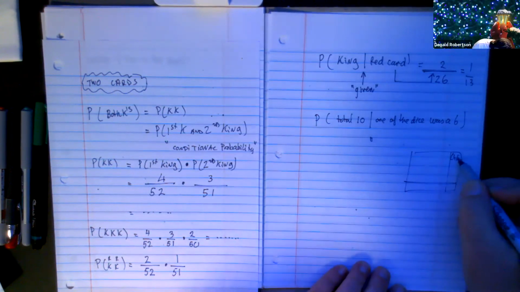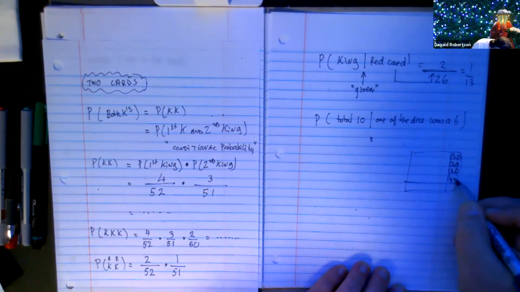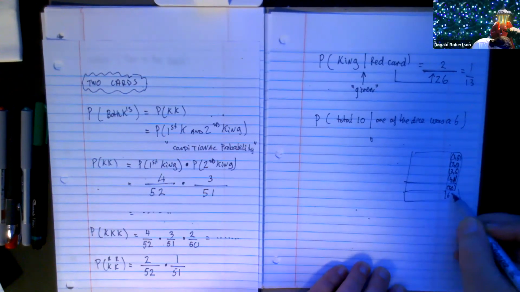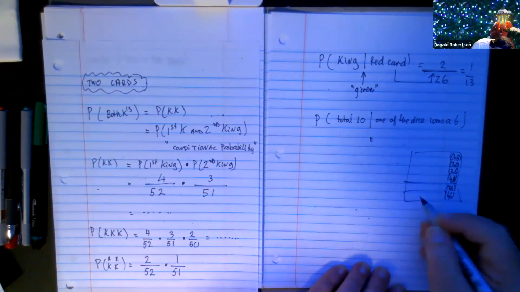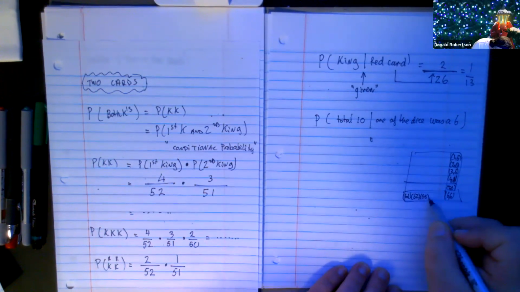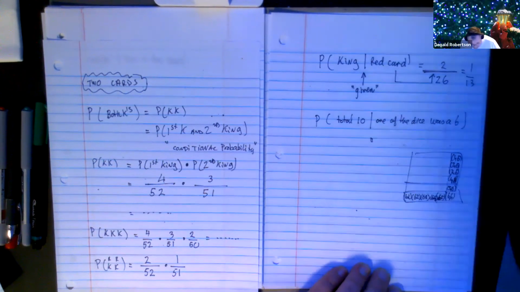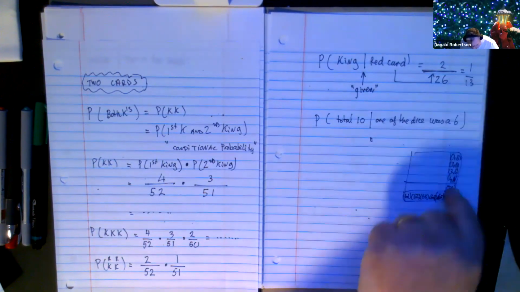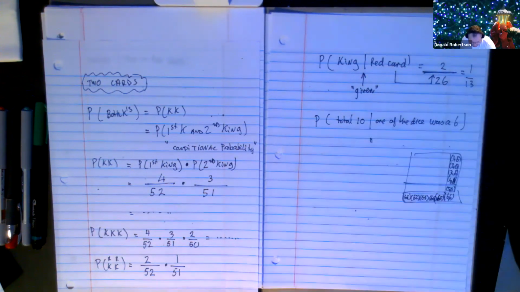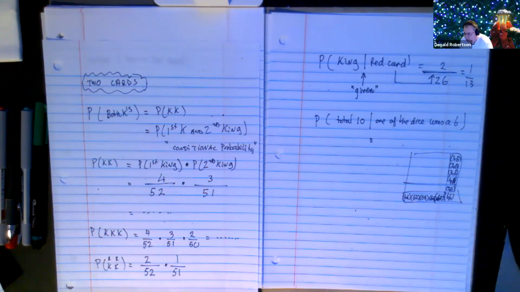There was a 1,6, 2,6, 3,6, 4,6, 5,6. I guess I need another row now. 6,6. Then going this way, you've got 6,1, 6,2, 6,3, 6,4, 6,5. Don't know if you can see that mess. But these are the only situations where one of the dice was a 6. And that one happens to be both are a 6, but it still counts, right? One of them is still a 6.